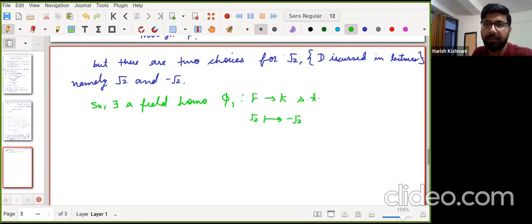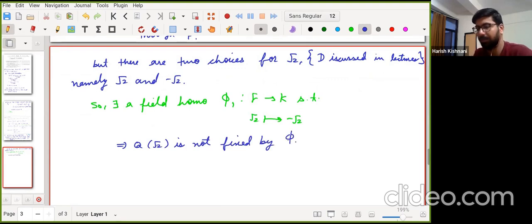This implies the field Q(root 2) is not fixed by phi 1, right? So as this is not fixed by phi 1, the option is false.